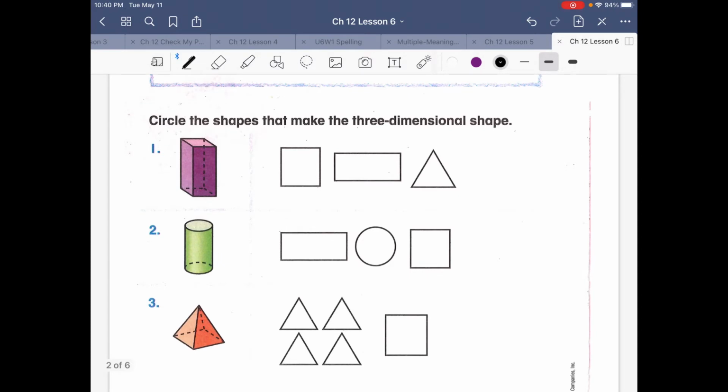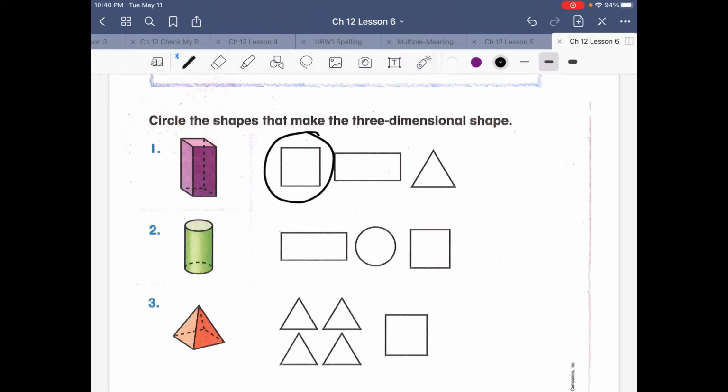Let's look at this first problem. It says to circle the shapes that make the three-dimensional shape. Now I'm looking at a rectangular prism. Does this rectangular prism have a square as a face? Yes, it does, on the top and the bottom. So we'll circle that square.